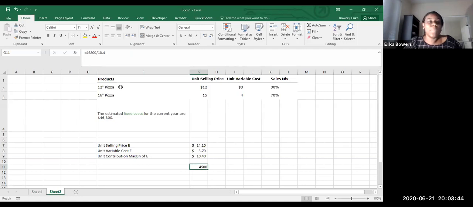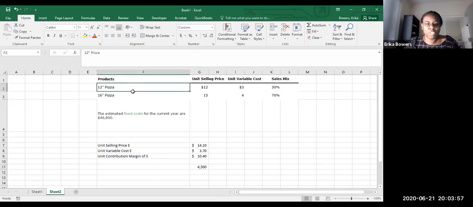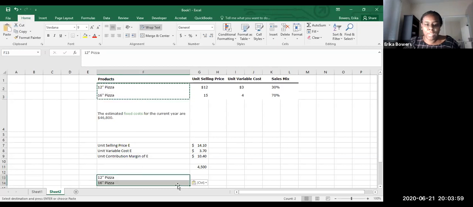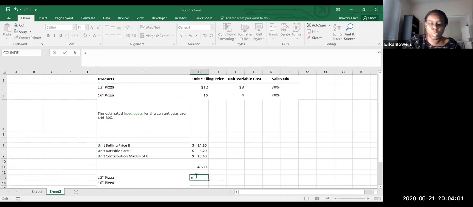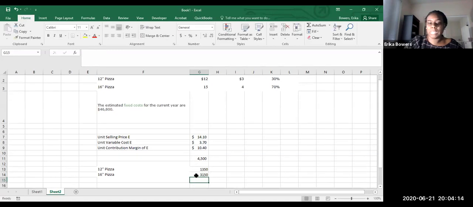But it doesn't tell me how many 12-inch or 16-inch pizzas. I have to take this number and multiply it times the sales mix to see how many of each I will sell. So I'm going to copy my 12-inch down here. The 12-inch would be 4,500 times 30%, which is the sales mix. And then the 16-inch would be 4,500 times 70%, which is the sales mix.